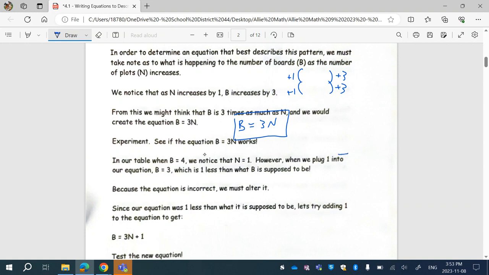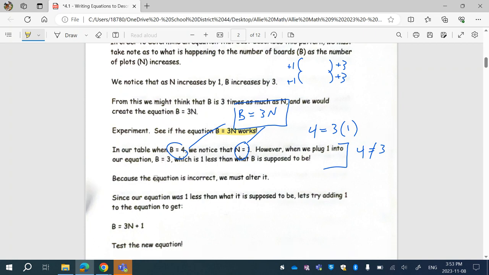So if we substitute these numbers into our equation, we would say 4 equals 3 times 1. And that's not true. 4 does not equal 3. So our first guess is not a very good guess.